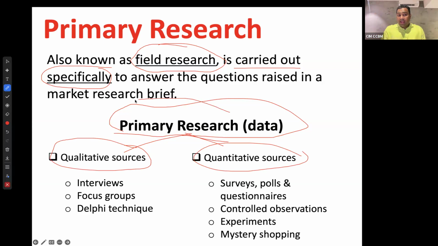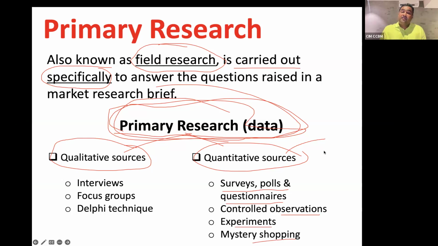When you go out to gather primary research as an interviewer, as a researcher, sometimes you will gather quantitative data through surveys, polls, opinion polls, questionnaires, observations, experiments, mystery shopping, quantifiable data. In other words, you gather numerical, quantified data, right?